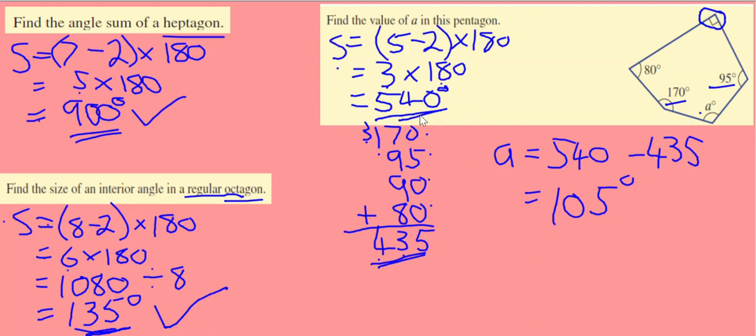We need to get to 540, so our angle A is 540 degrees, which is the total angle sum, minus the 435 degrees that we have already been given in our problem. When we subtract 435 from 540, that gives us 105 degrees.